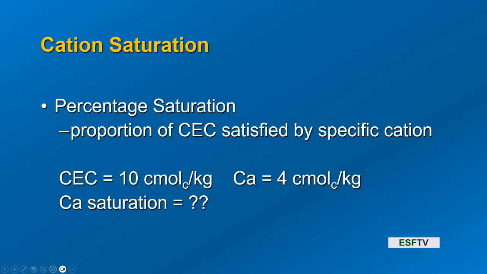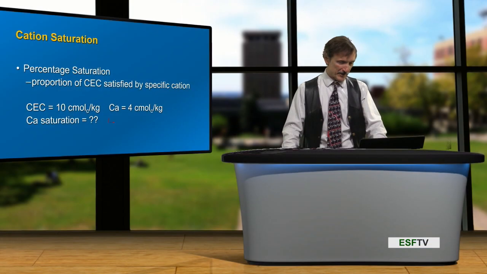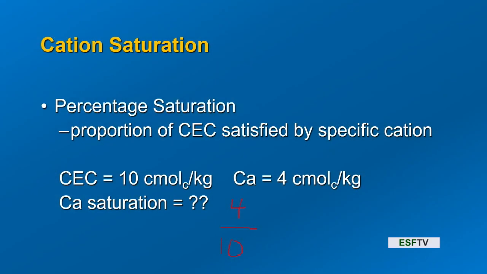40%. Let's see if I can write that. I'm going to try and make an annotation here. Let's use my pen. So we have 4 centimoles of charge, calcium, divided by CEC, 10 centimoles of charge, okay? And we multiply that times 100 to convert to percent.